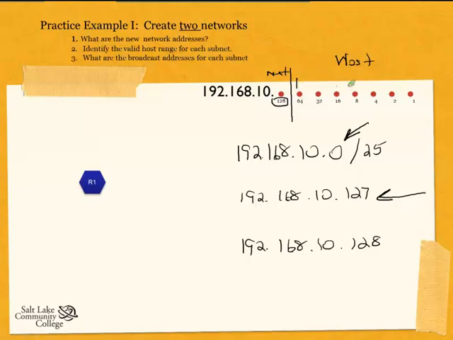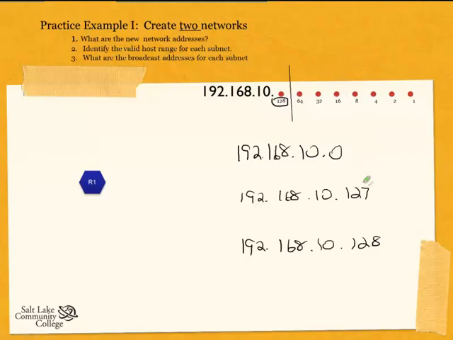So we have 64, 96, 112, 120, 124, 126, 127. All bits on in the host portion is broadcast, and all bits on in the 0 network, what's left of the 7 bits, equals 127. So this is the broadcast for the 0 network.